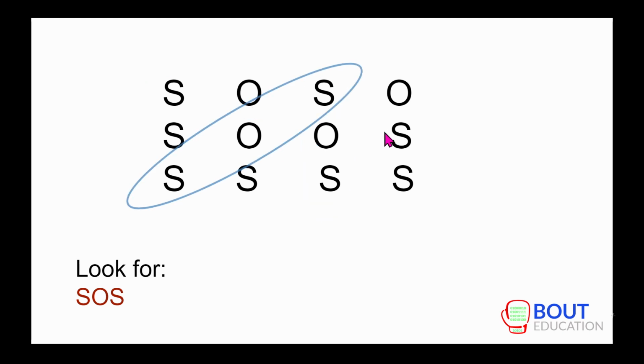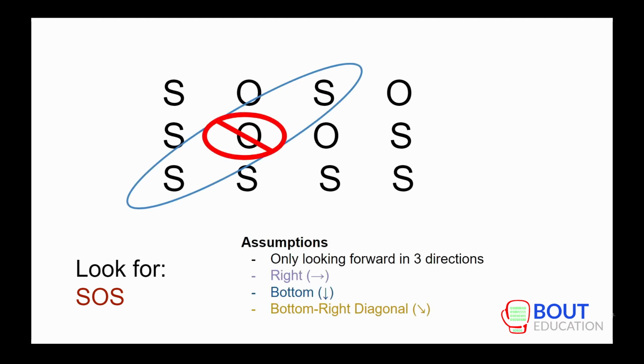However, if you notice, like I mentioned, this is also a valid case in a normal word search puzzle. But as I've mentioned, this is not valid in this problem set because our assumption is we only need to look for the right, bottom, and bottom right diagonal traverses. For example, if I start from this top S here, I don't need to go to the bottom left.